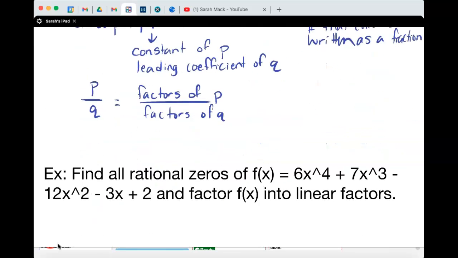Okay. So find all rational zeros of this fourth degree polynomial and factor f of x into linear factors.